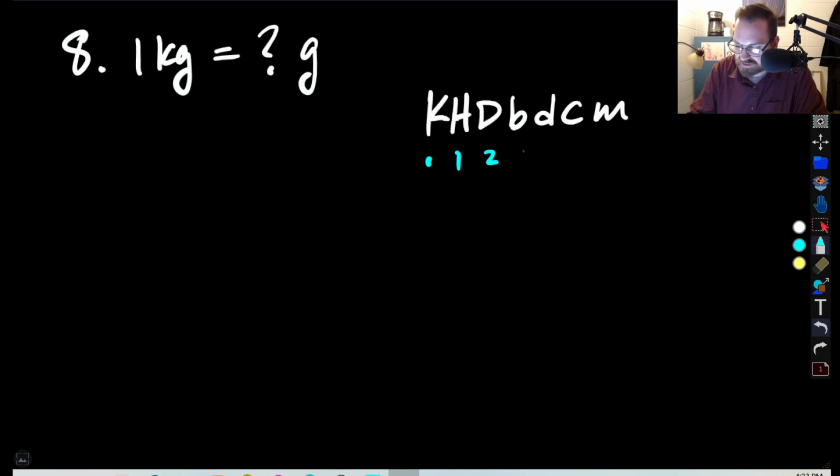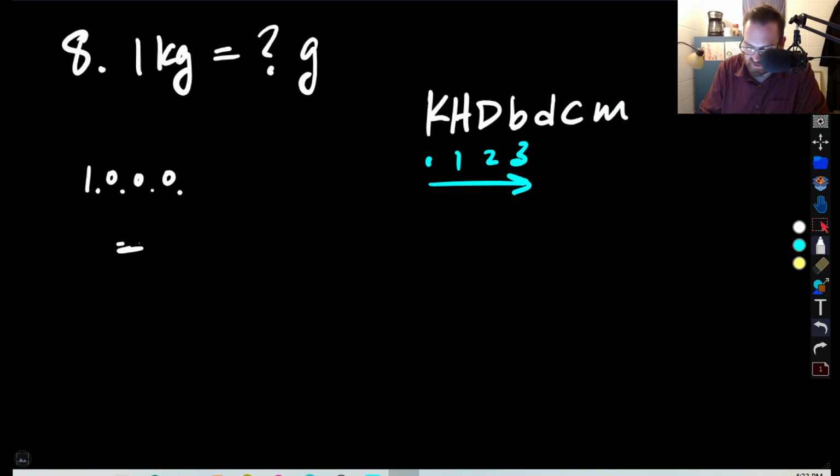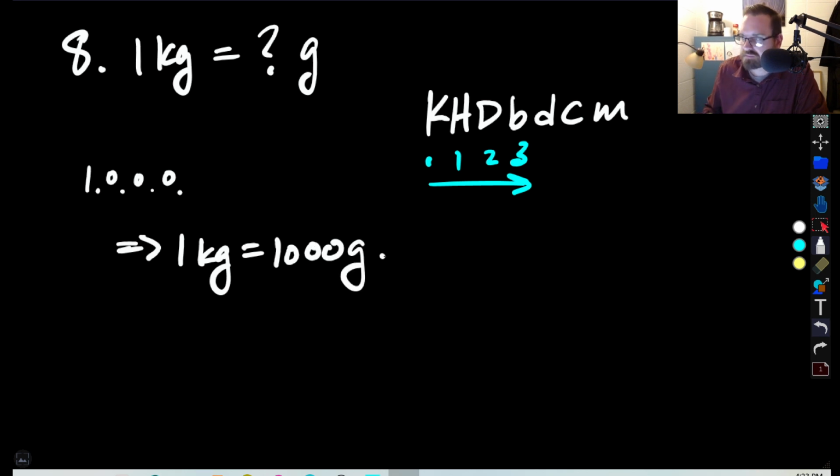So I've got 1, 2, 3 right there. That means, since I moved in this direction, I'm going to move the decimal in the same direction. So I've got 1.000, with 3 zeros. In other words, 1 kilogram is going to equal 1,000 grams. Hopefully that makes sense.